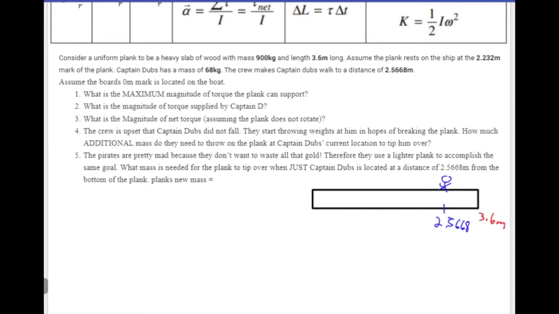And it tells me that the plank is resting on the ship at 2.232 meters. So this is my pivot point. So I'm going to go ahead and draw that somewhere over here, 2.232 meters. Cool. So we got just about all the information that we need.